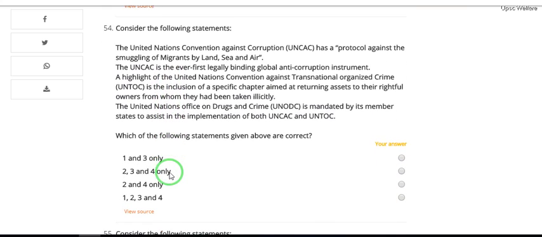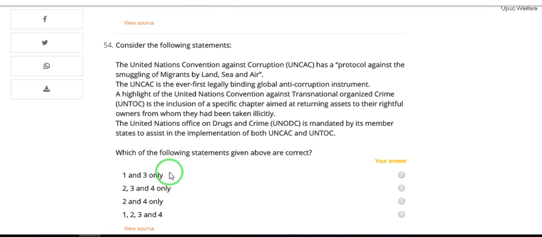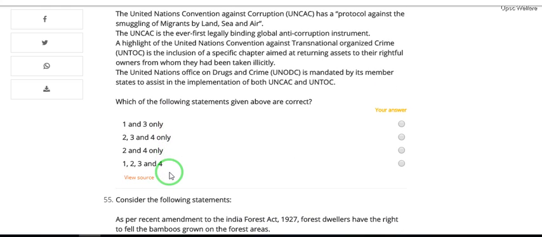So that's all. Next, the question on the United Nations Convention Against Corruption, UNCAC, and the protocol against the smuggling of migrants by land, sea, and air. I have some confusion in these options 1, 2, 3, 4.